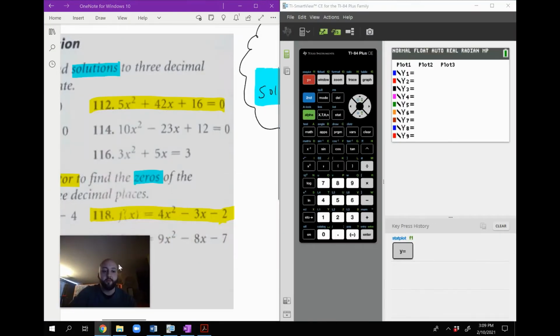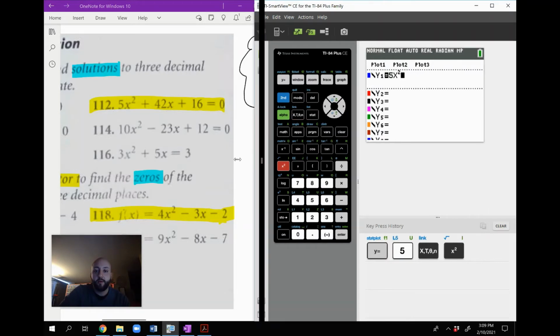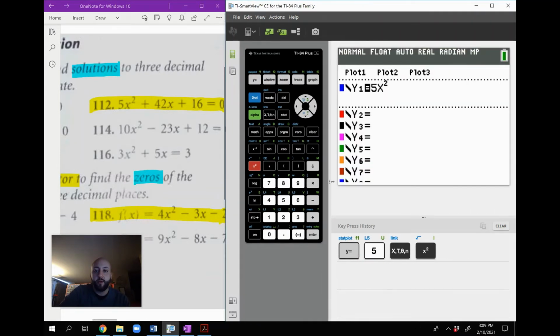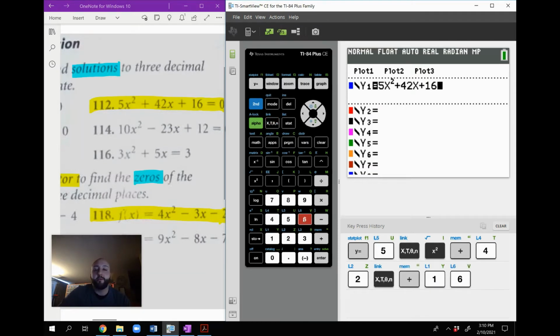So we have 5x squared plus 42x plus 16. I'm not going to write that equals 0 part because I need to write this as an equation in order for it to graph.